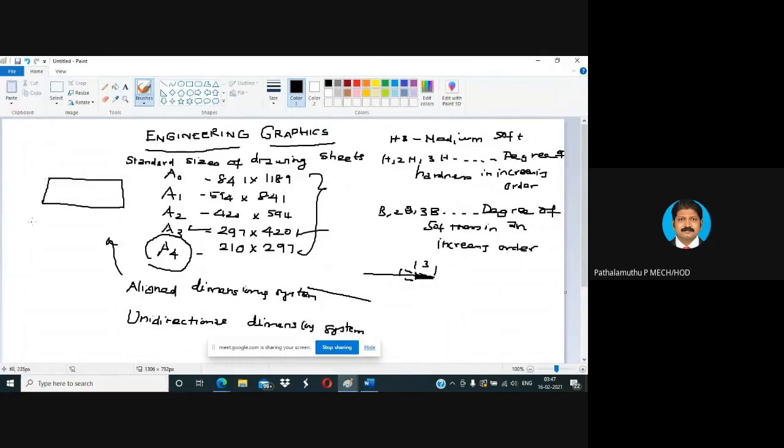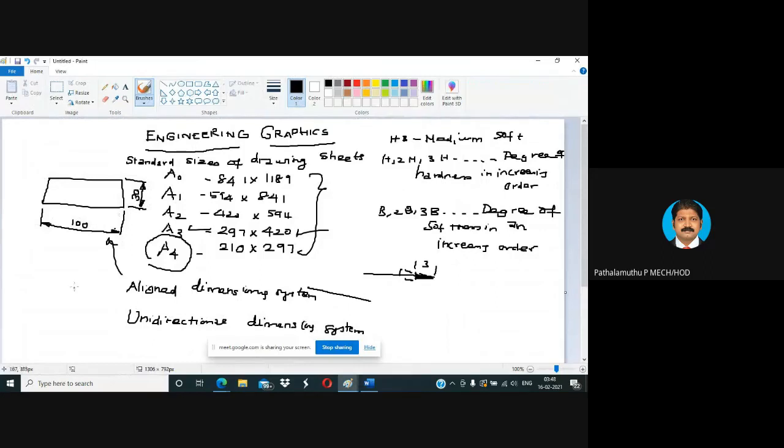The dimension is read from bottom to top, above the dimension line, and from right to left, above the dimension line.